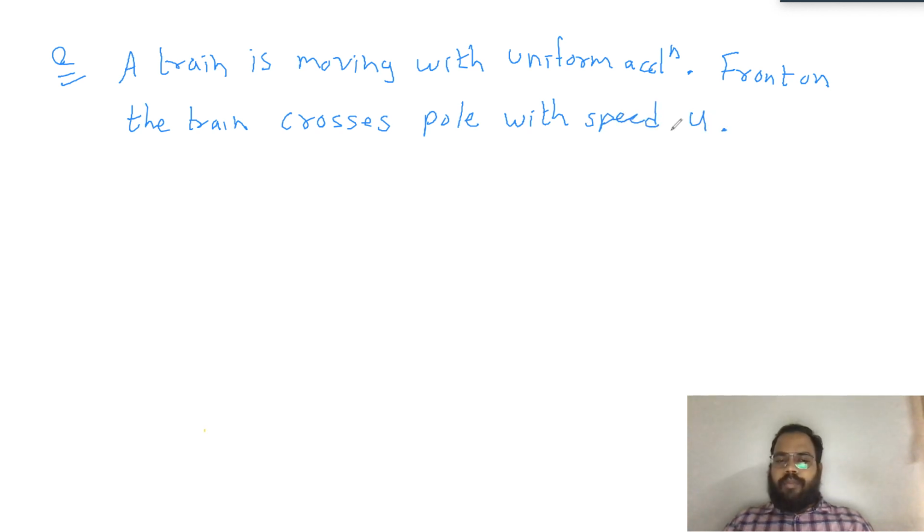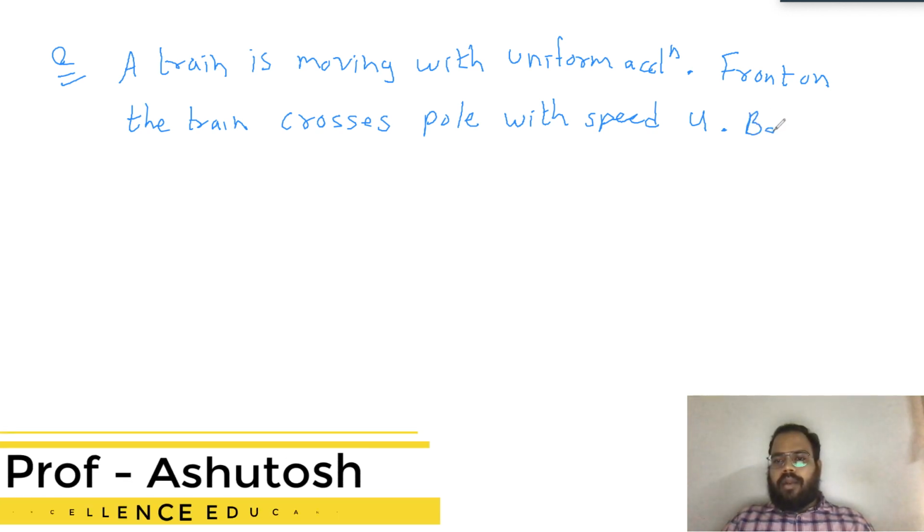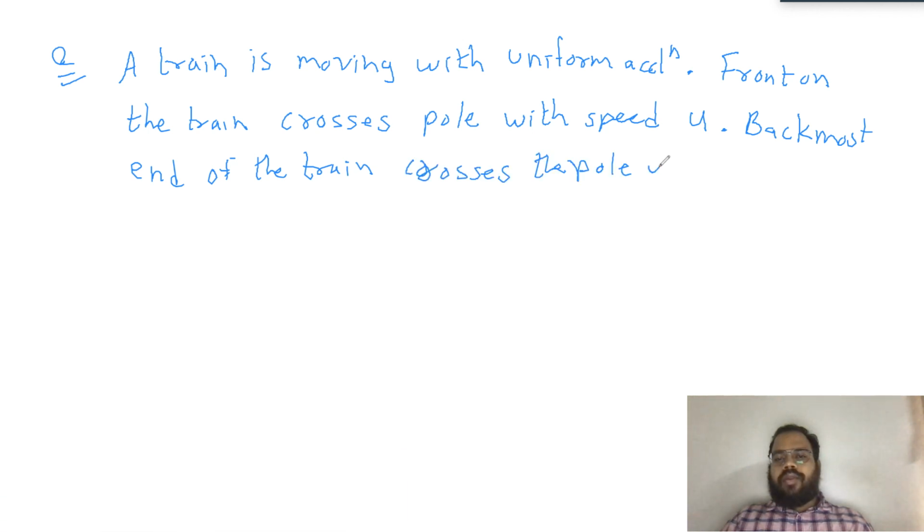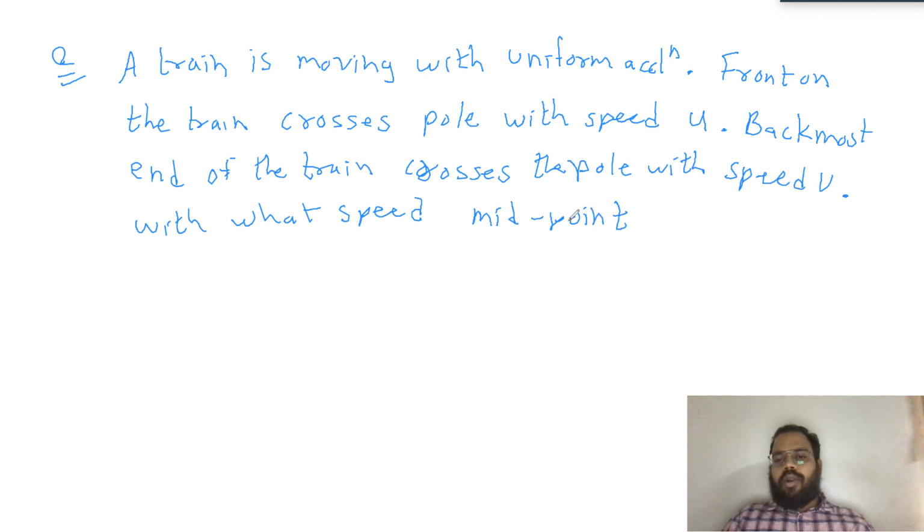So front end of the train passes the pole with speed u. Backmost end of the train crosses the pole with speed v. Okay, so you have asked with what speed midpoint of the train crosses the pole. Okay, so the question is, I'll repeat it in a diagrammatic form.